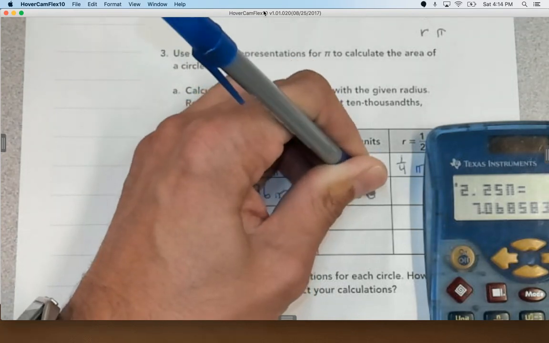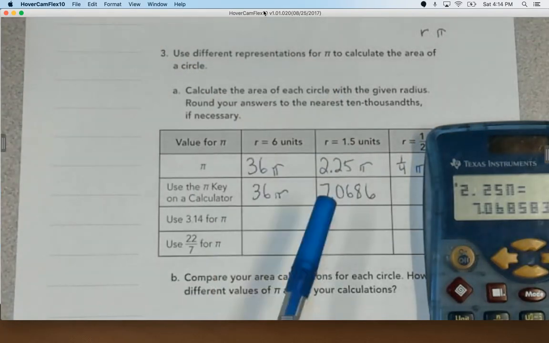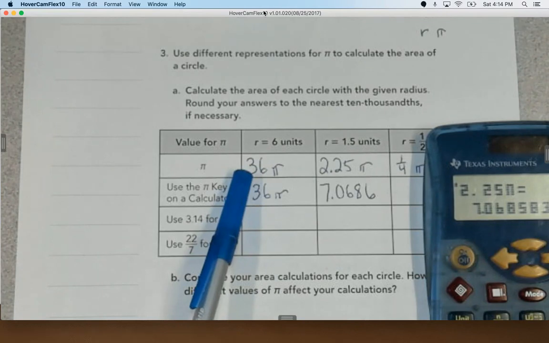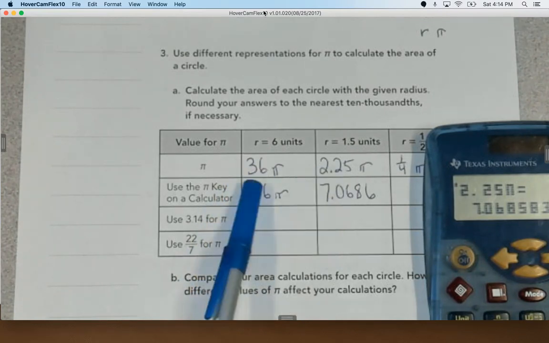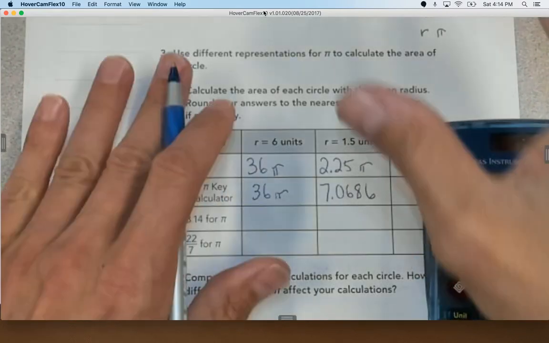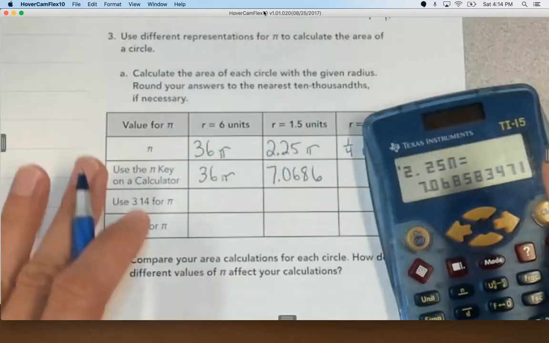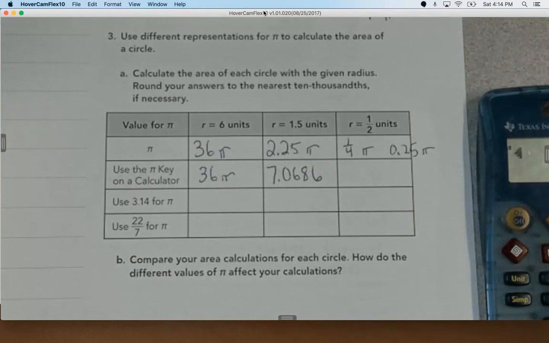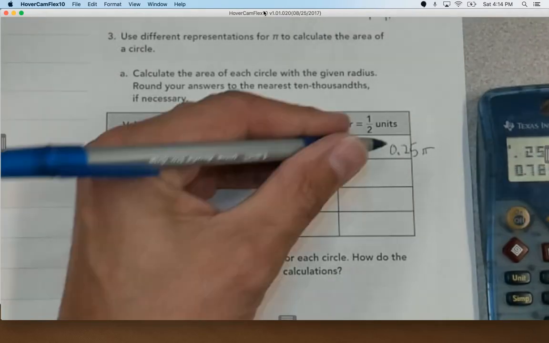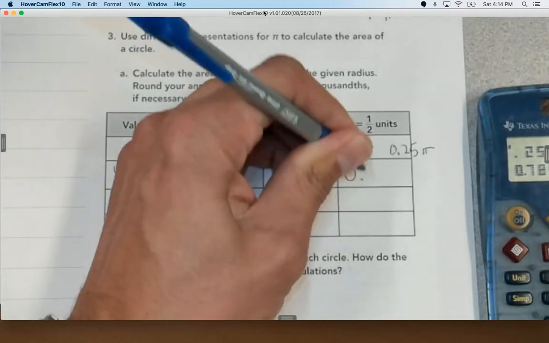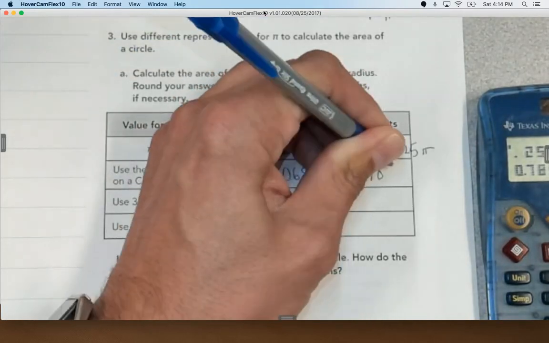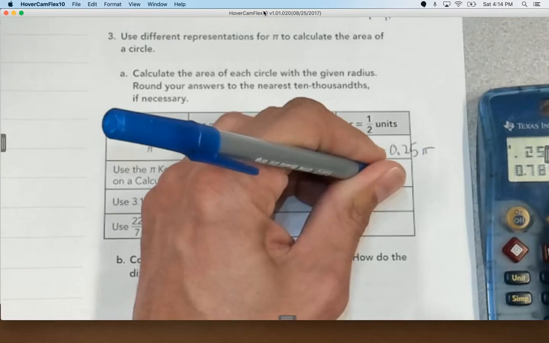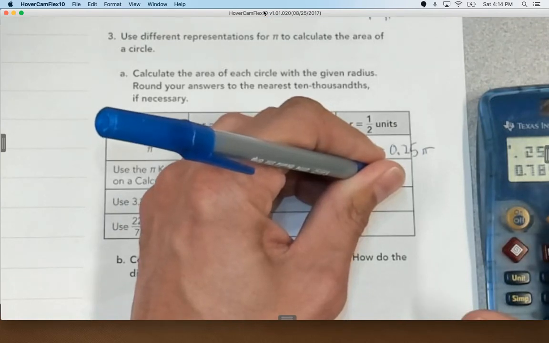This was a decimal, and this was a whole number. I think that's what's determining if the pi key gives you an answer with this particular calculator. Then we have 0.25 pi, and that gives us tenths, hundredths, thousandths. The 10 thousandths digit is a 3, the next digit over is a 9, so it would round up to a 4.